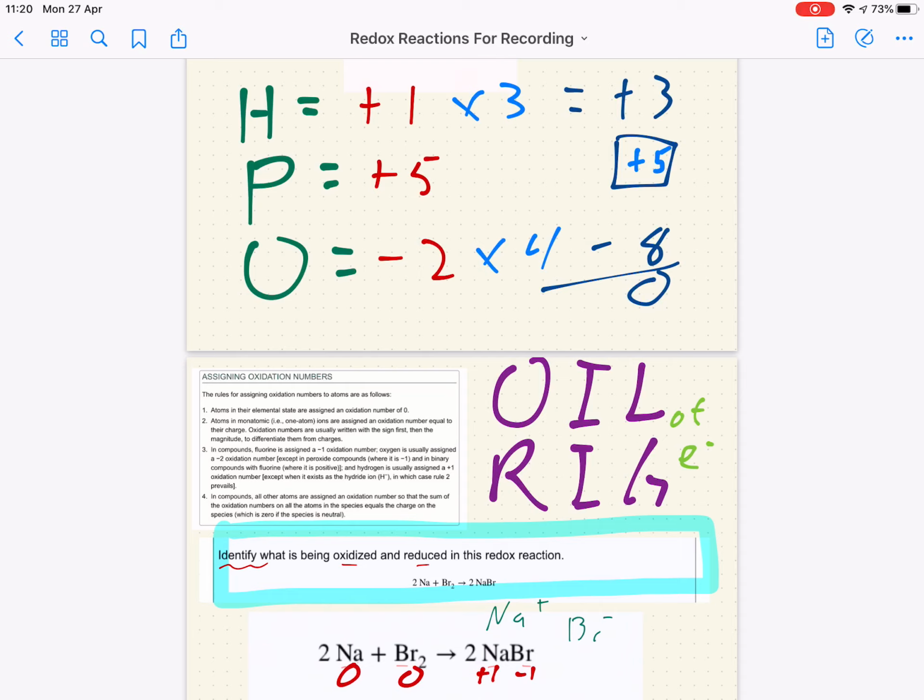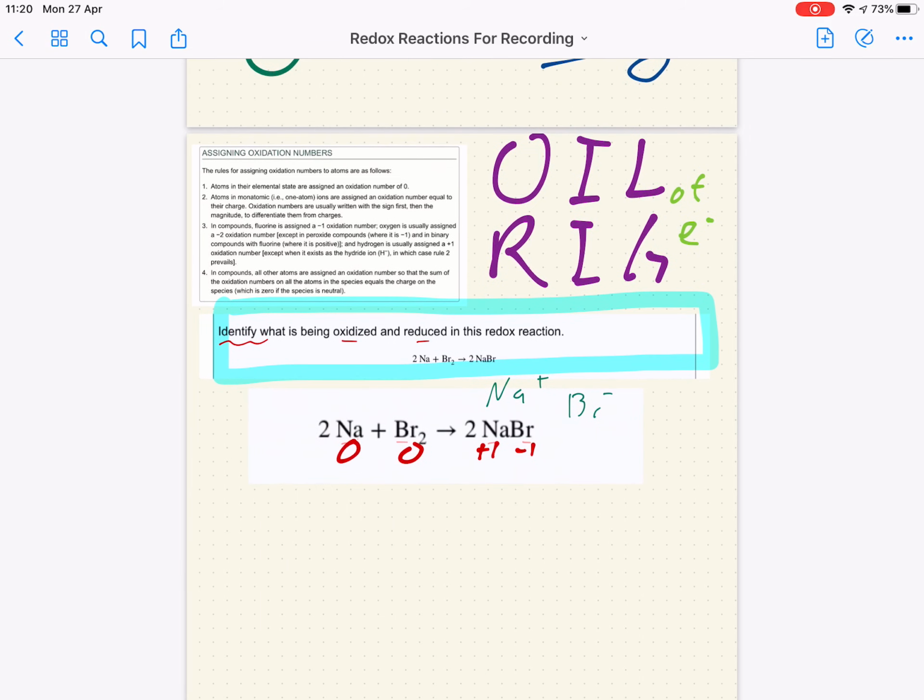Reduction is gain of electrons. So, pause the video for a second. Look at the sodium. Look at the bromine on the reactant and the product side. Which one is gaining electrons? Which one is losing electrons?